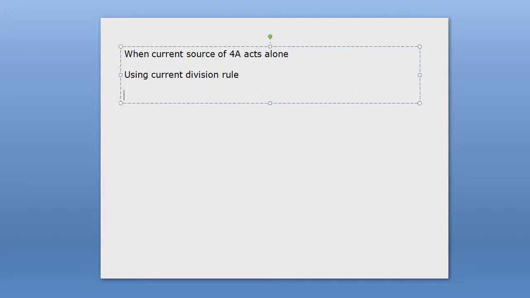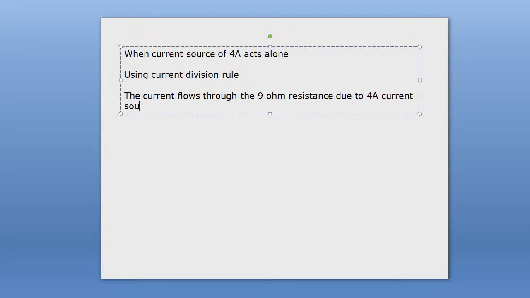The current through the 9 ohm resistance due to the 4 ampere current source is equal to 4 into the opposite side resistance.